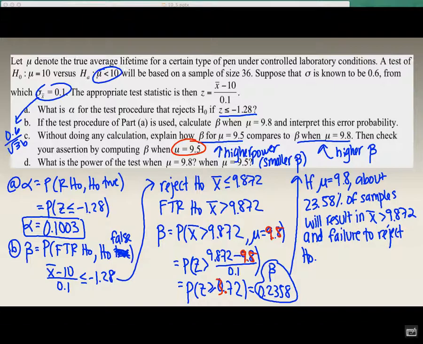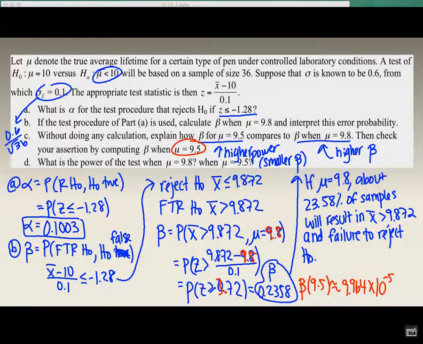So if you calculate the probability that z is greater than 3.72, what do you think it's going to be? Pretty much 0. When I did it on my calculator, beta for 9.5 ended up being 9.964 times 10 to the negative fifth. Which checks out. We said that that was going to have a smaller beta, and it did.